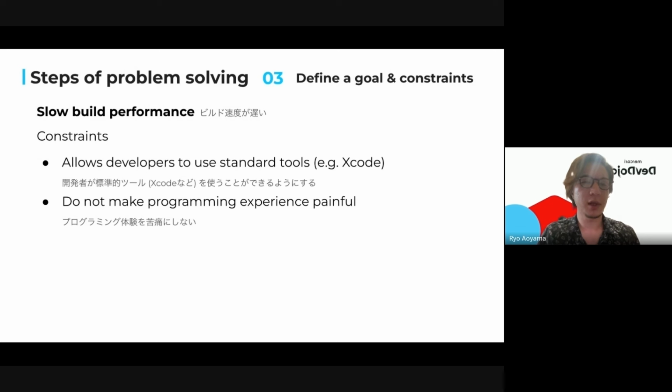And because of that, we didn't want individual developers not being able to use standard tools. And also, we didn't want to make a negative impact on the programming experience itself. Again, in debugging, which is a much simpler problem, I think we'll be able to come up with more specific constraints.